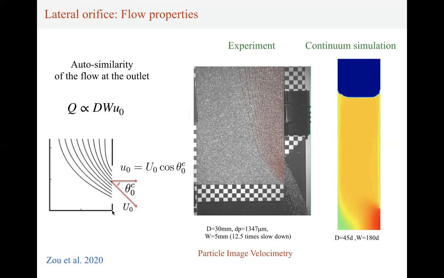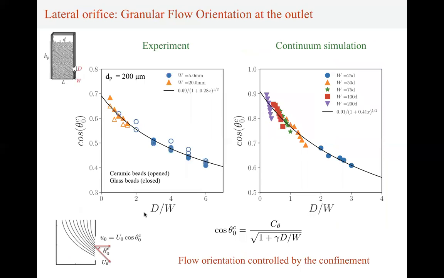If we plot this inclination versus the aperture aspect ratio, D, the outlet size, divided by the silo thickness, for two thicknesses W, we can see that the data are superimposed. Indeed, the inclination of the central streamline depends on the ratio of the aperture.